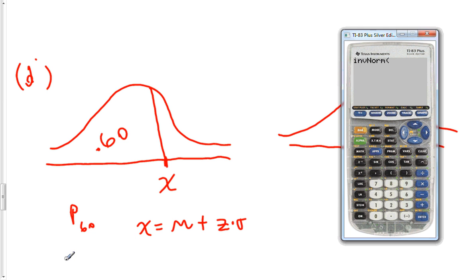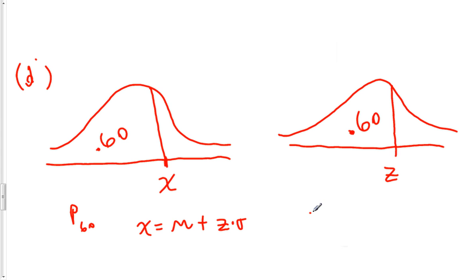So the inverse norm, and we're going to put in 0.6, which is the area to the left of the z-score we're finding, and we find that the z-score is equal to 0.25. And now we're going to find the x value that corresponds to that.